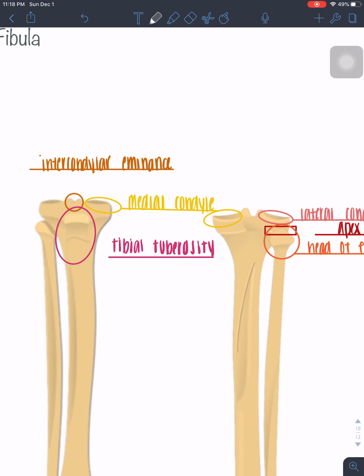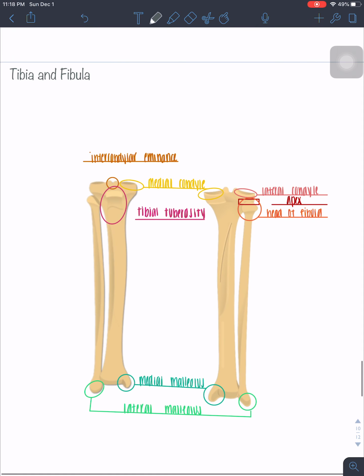So, we also have the tibial tuberosity right here. And we have the apex right here, the apex of the fibula, which once again, if we see the little head of the fibula is kind of like, I suck at drawing, but it's something like that.